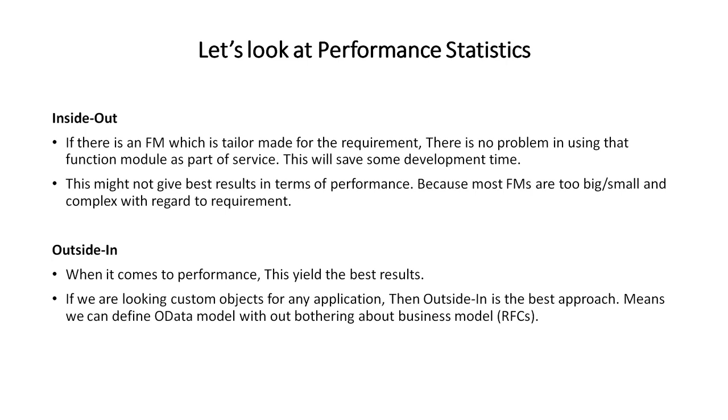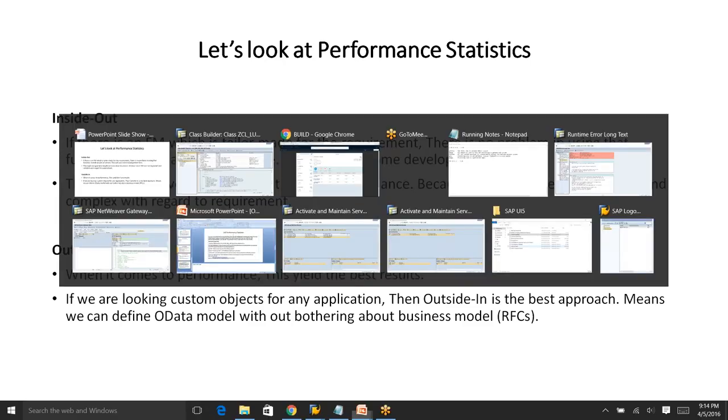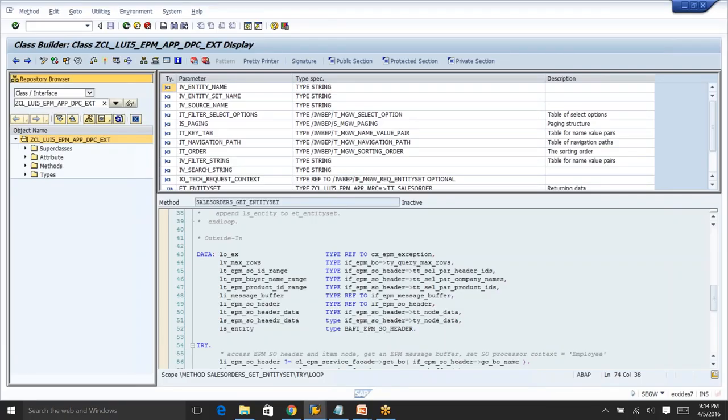Whenever you are writing these web applications which will run on mobile, tablet and desktop, you have to take a lot of care into how fast you can serve the user request. Inside it is all ABAP code, whether you are writing a function module, a class method, or the OData data provider class extension methods. But how fast you serve the request coming from the user is your top priority.